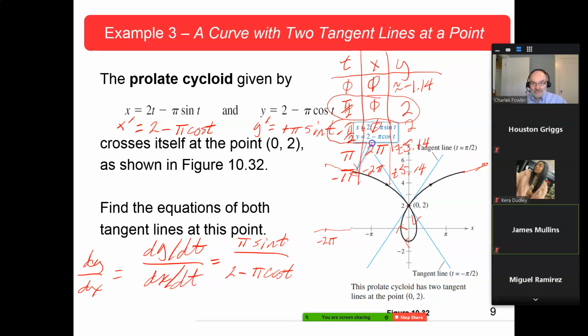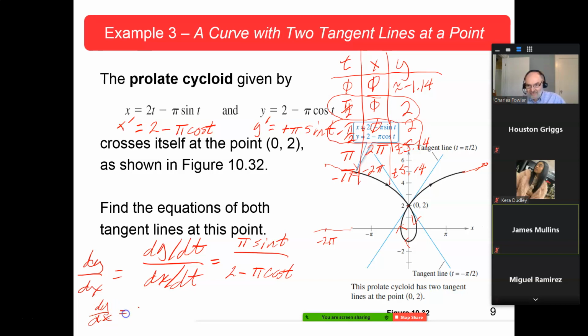The other 0 is when it's equal to minus pi halves. So we have to go into here and plug in, doesn't matter which one first. This y prime is not that y prime. Well, I better do it dy/dx. I'll keep it like this.